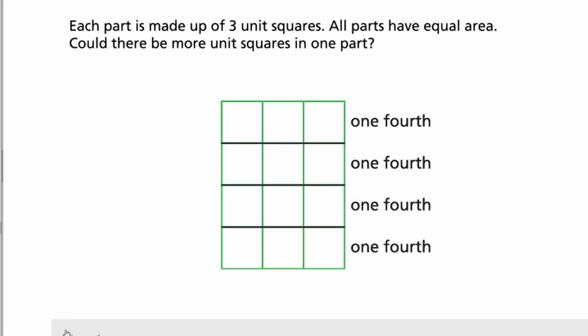Could there be more unit squares in one part? Faris? Here, teacher, here. Okay. Could there be more unit squares in one part? More than 3? No. Why?